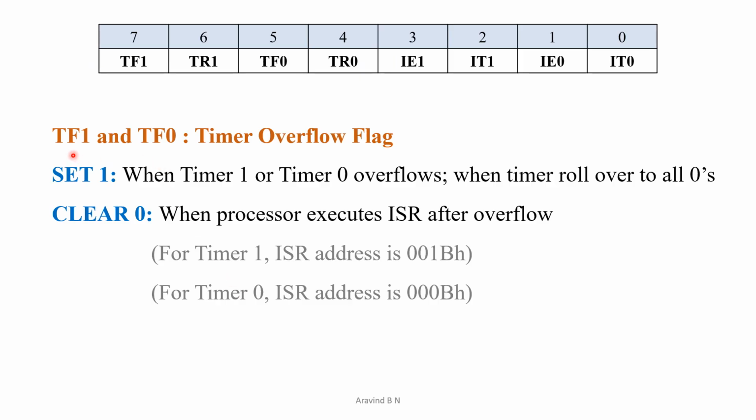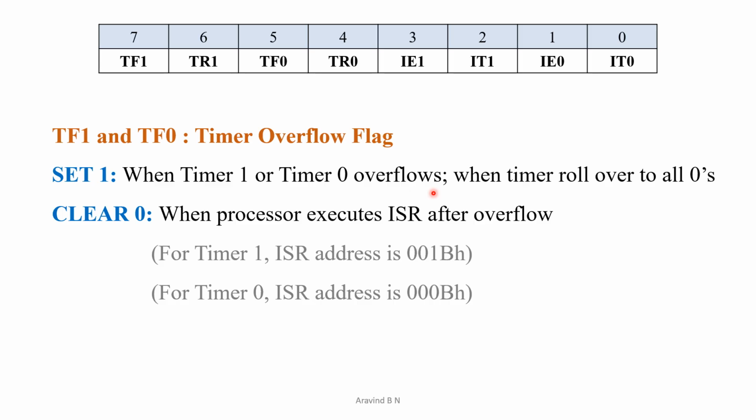Starting with TF1 and TF0, that is the timer overflow flag. It is applicable, TF0 for timer 0, TF1 for timer 1. This bit will be set equal to 1 when timer 1 or timer 0 overflows.